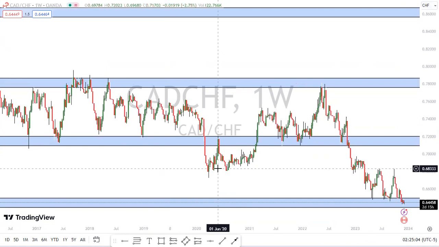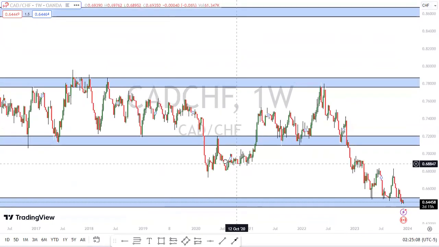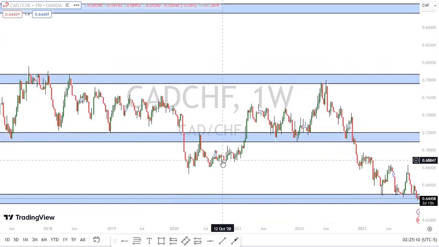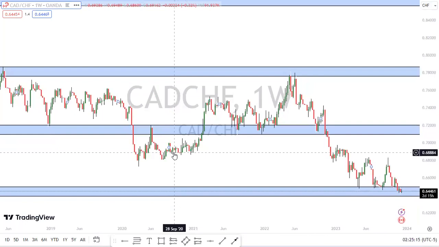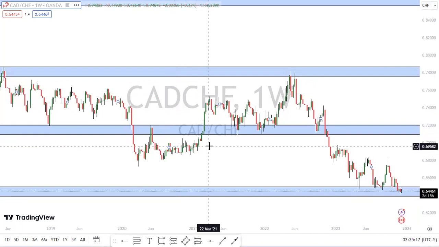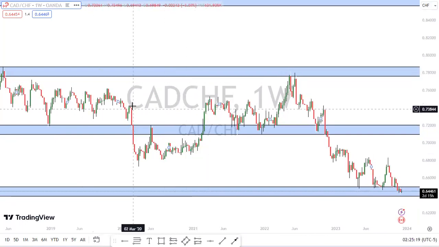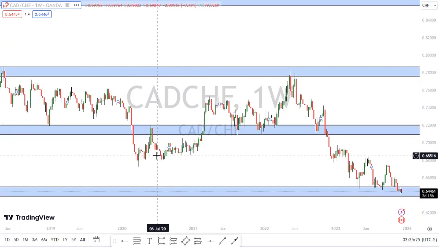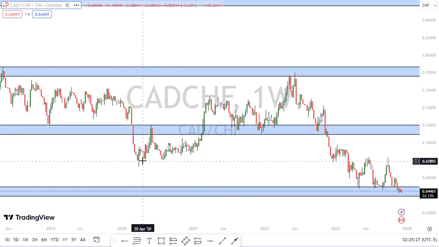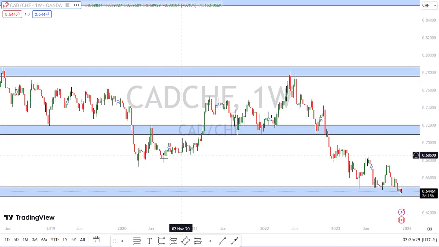So now you get your major levels. As we can see, let's start from here. This market breaks below, goes back for retracement, comes back, but did not break this fake out because the level is very strong. So it goes back again.